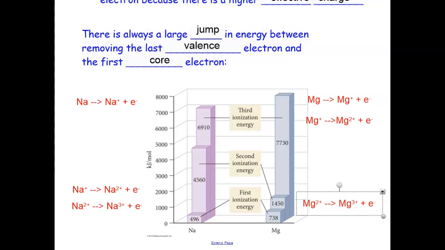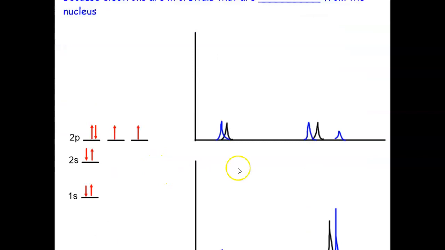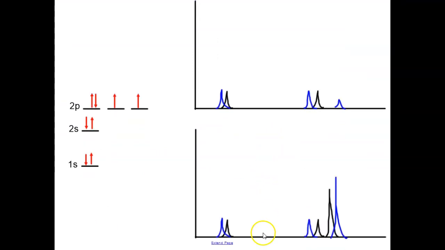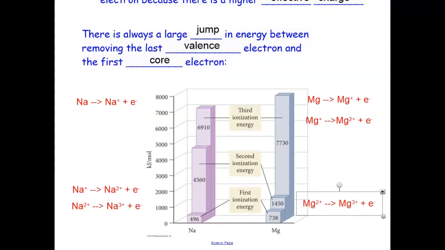So it turns out that if we take a look at our PES diagrams, remember there's a big jump in energy levels? Well, that big jump in energy levels shows up in successive ionization as well. When we switch energy levels, we see a big jump in ionization energy. And seeing that big jump gives us clues as to how many valence electrons there are.